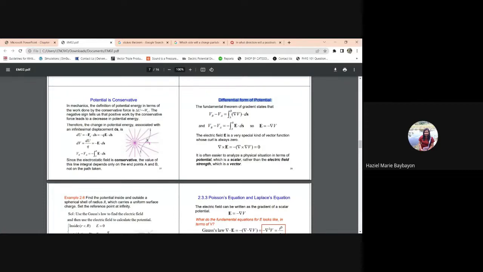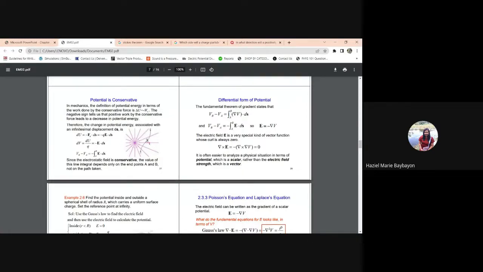So the fundamental theorem of gradient states that this is equal to the gradient of some scalar dot ds. And VB, the potential difference, is equal to the negative of the integral of E dot ds. Therefore, E is equal to the negative of the gradient of some scalar V.